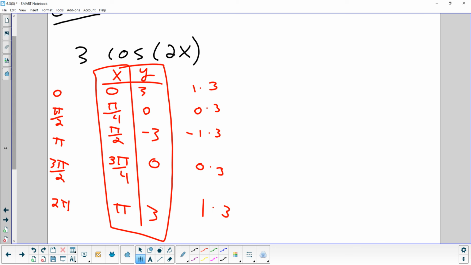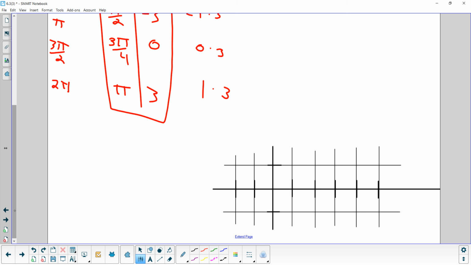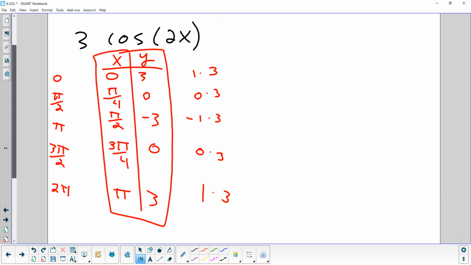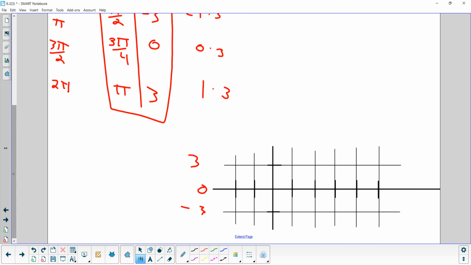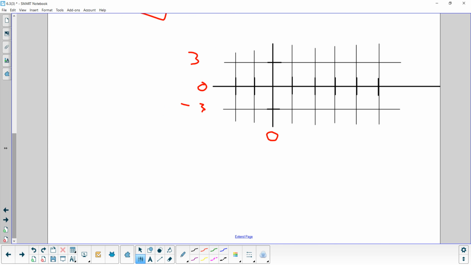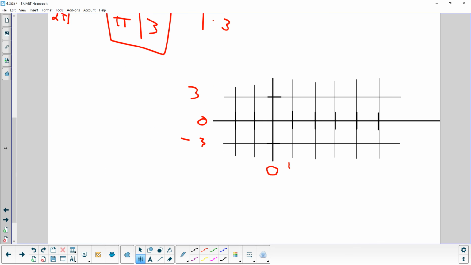Okay, sketch. We can do it. Nothing really new to learn from this sketch versus the last one, but let's just set it up. I would go probably by 3s on the y-axis. And the x-axis, well, we can use the labels we already have. So we've got 0, and we've got 1 pi over 4.